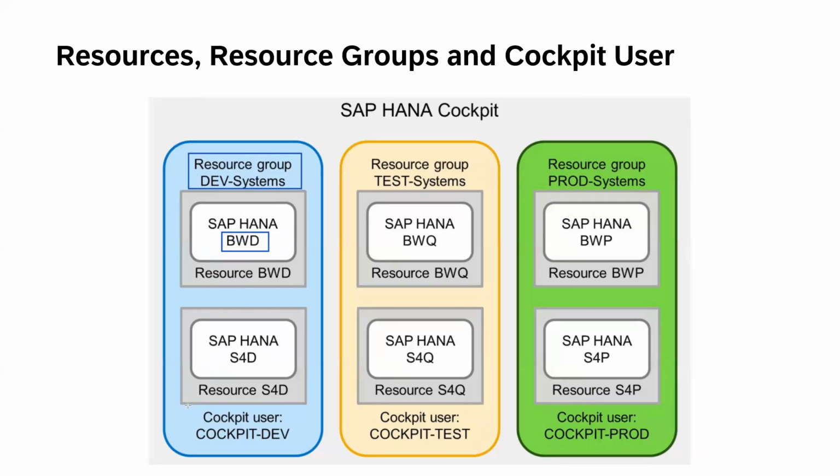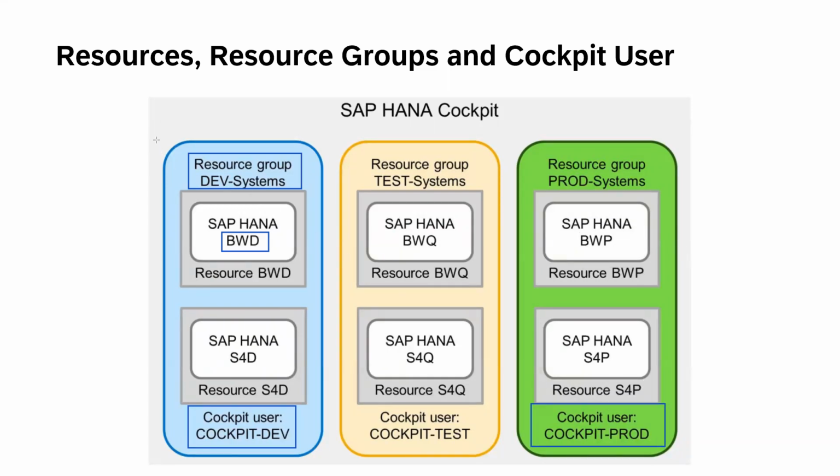And also you can assign different users for each resource group, so that you can only share those users with the monitoring team. For example, if you don't want to share the credentials or any kind of control for the production system with your monitoring team, then you can create a different user for this group, and you will not share it with the monitoring team.